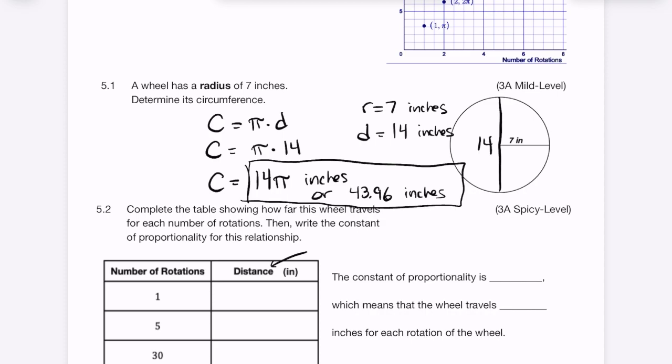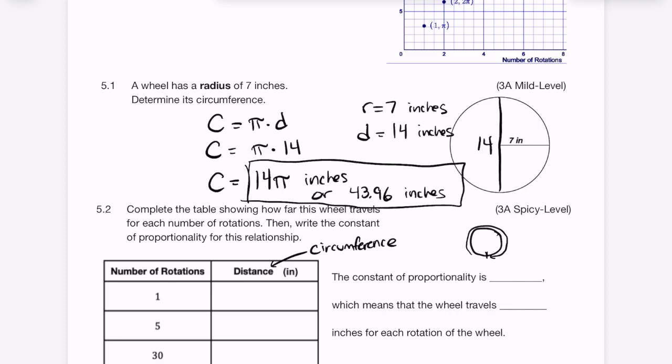So this distance is like the circumference. The explanation for that is, if you have a circle and this is where you start, and then the wheel goes all the way around back to where you start, it's like you're going around the circumference. So the distance you travel is going to be the circumference of that circular wheel.